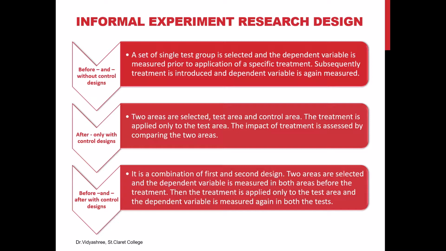Let us understand this with an example. Suppose there is a swimming pool. The researcher is going to measure the level of bacteria of the swimming pool. After that, he is going to apply a certain chlorification treatment. After the chlorification treatment, again he is going to measure the level of bacteria. Then if there is any difference, he can say that the experiment is working.